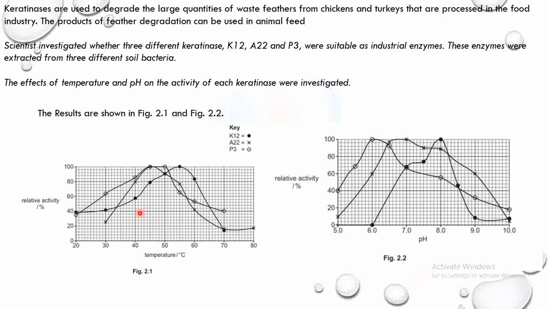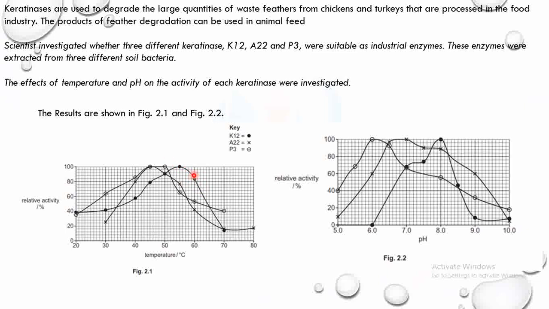Now, if you look at the advantages of using each of them, K12 and A22, what's the advantage? So for K12, the advantage is that it has a higher optimum temperature. So it is more stable, it doesn't denature easily at high temperature.